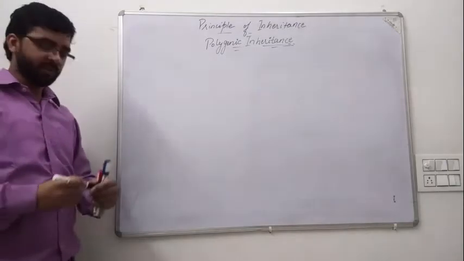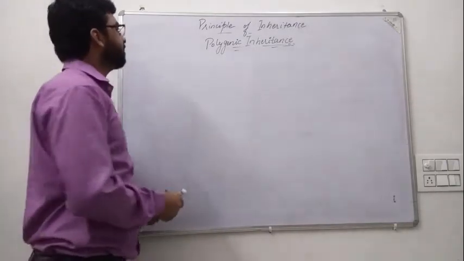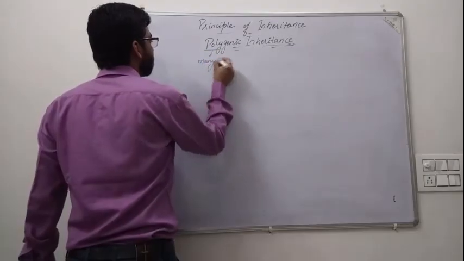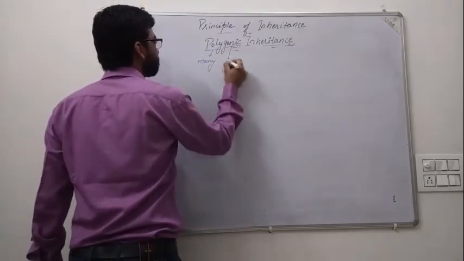What's the meaning of polygenic inheritance here? Polygenic means, poly means many. Genic means genes.